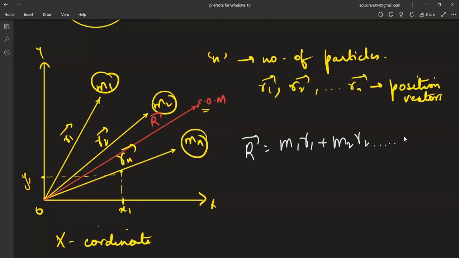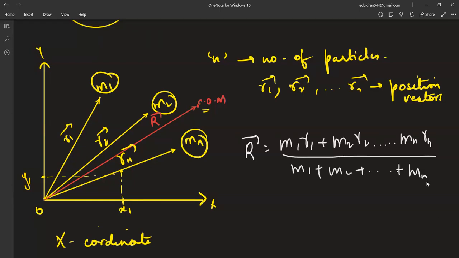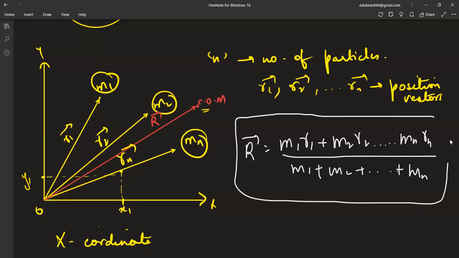And on it goes till Mn into Rn, divided by the total mass of the system that is present, like M1 plus M2 plus M3, M4, Mn. This is the net result.